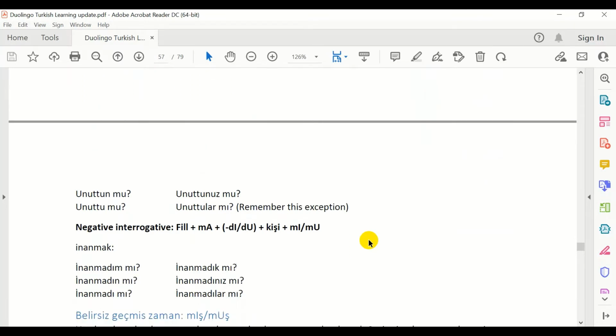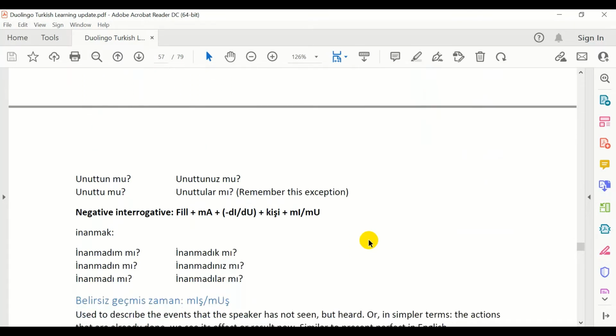Negative interrogative is also very easy. You consider the negative sentence and also the positive sentence. So after the verb, you add this suffix like you added in the negative sentence, and after di or du, you add the personal suffix, and at the end you add the question suffix.